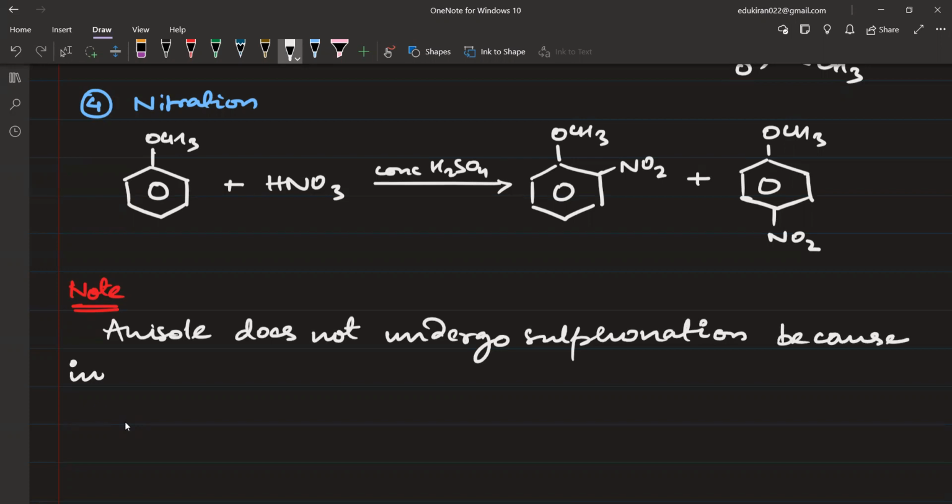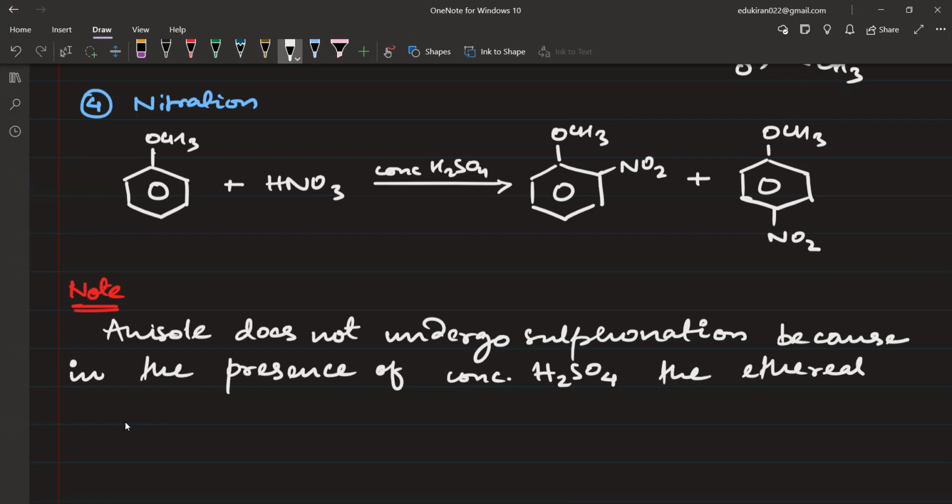Because in the presence of concentrated H2SO4, the ethereal oxygen, means this oxygen है ना, ये oxygen जिसकी वजह से ये ether है compound पूरा का पूरा, that is ethereal oxygen.